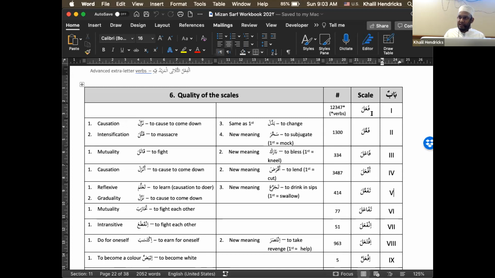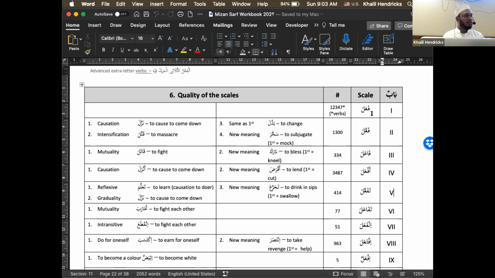If I say nazala ar-rajulu on the first bab, it means the man came down, the man descended. If I say nazzala ar-rajulu ad-dalwa, the man caused the bucket to go down. In other words, the man lowered the bucket. You with me? It is therefore causation.